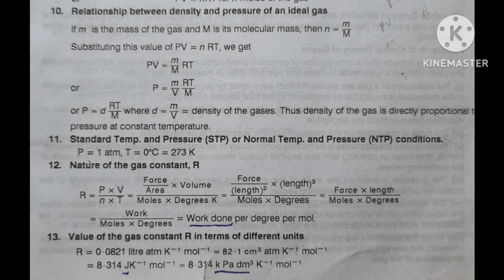In place of 8.314 joule, we are writing 1.987 exactly. Roughly you can write 2 calories per degree per mole. This relation is also very, very useful. R is equal to 2 calories per degree per mole, or exactly 1.987 per degree per mole. Correct? Then this I have discussed with you. Next class I will continue. Now I am stopping here. Thank you.